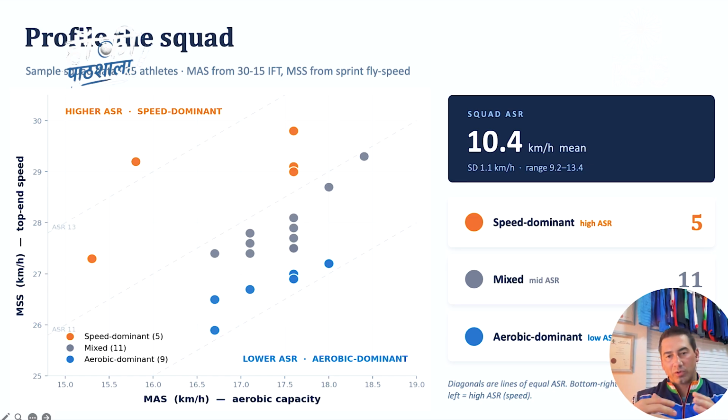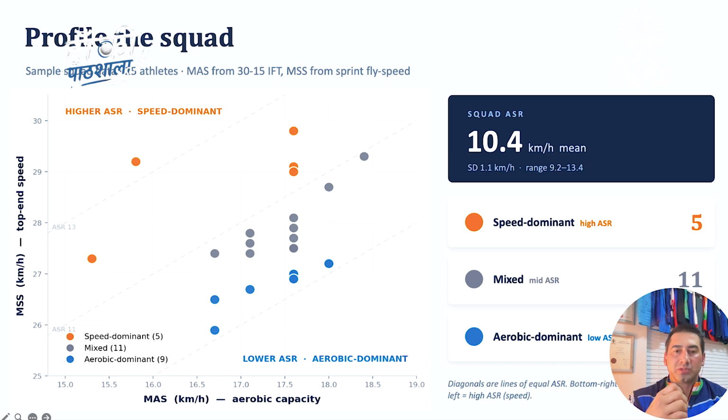So maybe defenders more on the aerobically dominant side, the midfielders might be on the side of the mixed dominant, and then maybe your strikers will be on the higher speed dominant or in the lower end of the speed dominant profiles. And then we can individualize it not only according to the individual results that the players achieve in the test, but also relative to their positions.